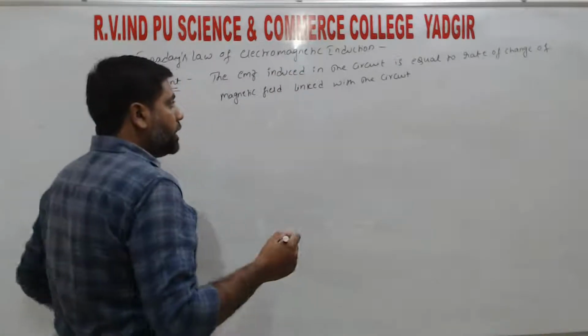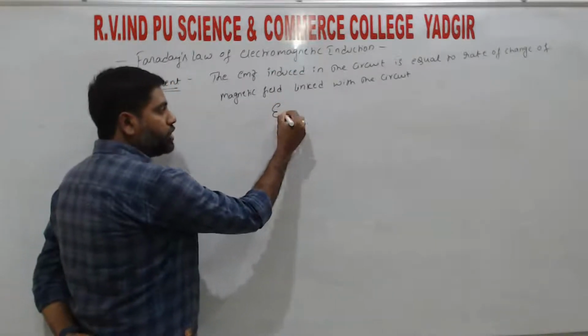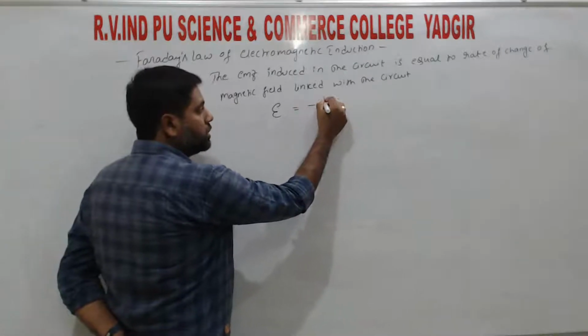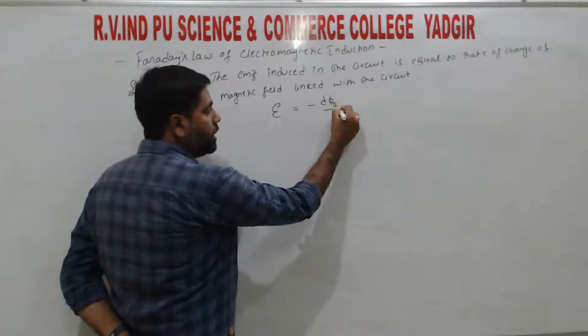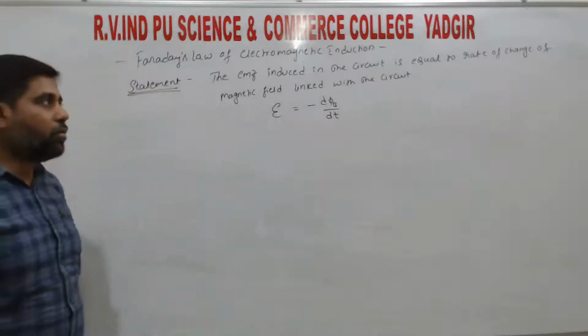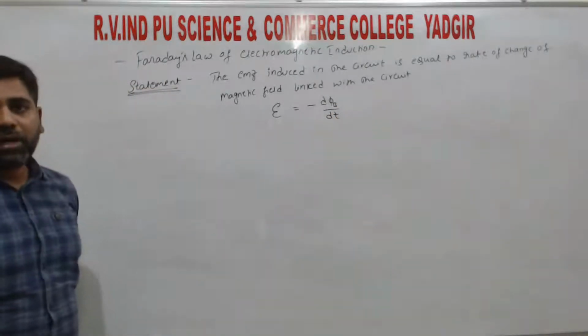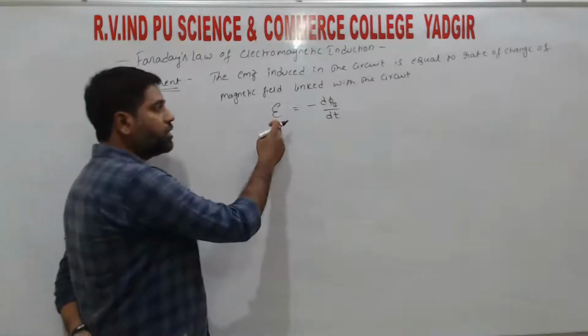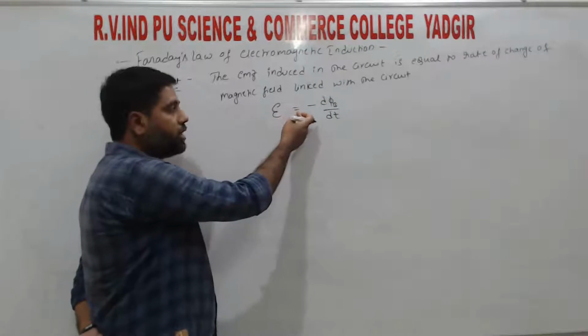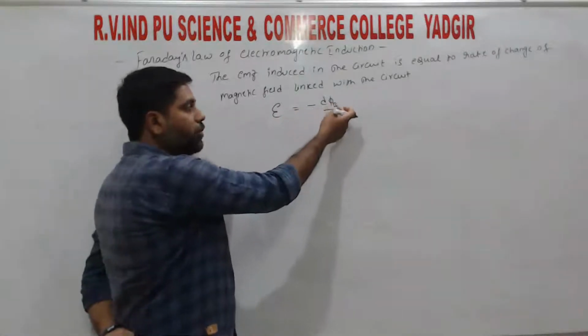So mathematically we can write the induced EMF E is equal to minus dΦB divided by dt. So this is the statement of Faraday's law, right? Where E is the EMF, so EMF induced or EMF generated is equal to minus dΦ by dt.